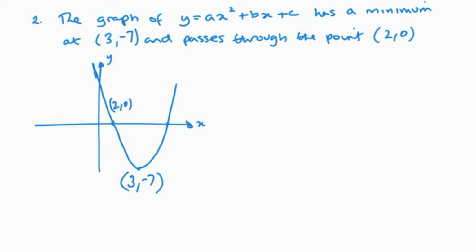Okay, now thinking of symmetry, it's got to be symmetrical. So if I look at this distance here, it's just 1 from 2 to 3, so this must also be 1, so this now must be 4. So I can surmise that this is the coordinate 4, 0. And that's quite important.